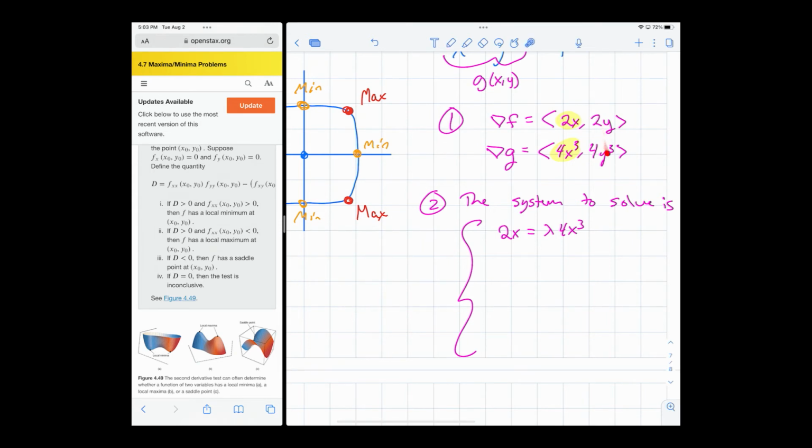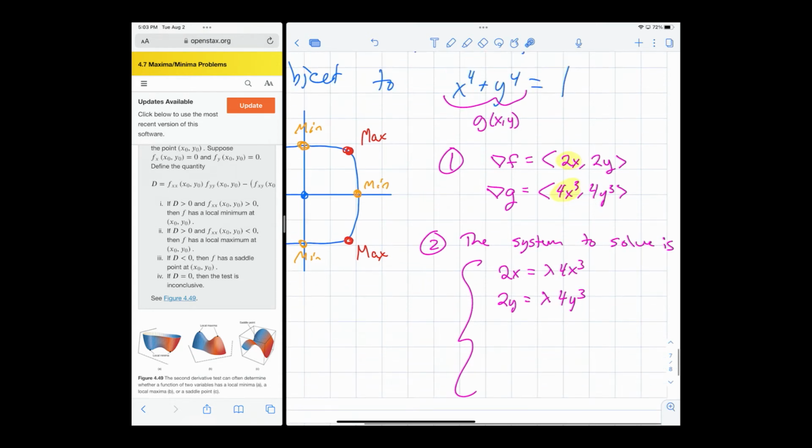Then the same thing for the y component: 2y equals lambda 4y cubed. And then the constraint equation, which is x to the fourth plus y to the fourth equals 1. So this is what you have to solve. Okay, so 3 equations with 3 variables. Your variables are the x and the y and the lambda. So you need 3 equations for that.